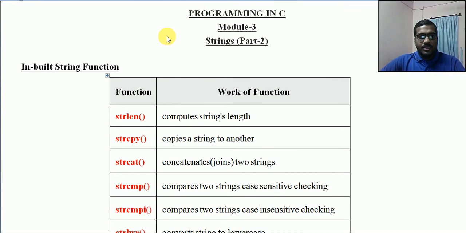Dear students, today we will discuss the various string handling functions, or various inbuilt functions, that are already available within the C language. Now, what are the uses of these string handling functions?